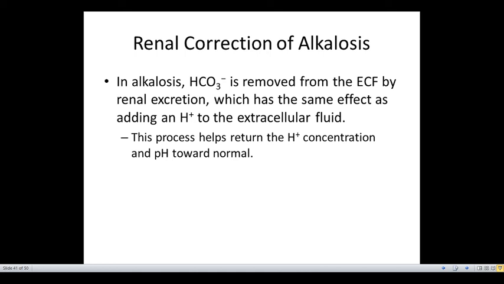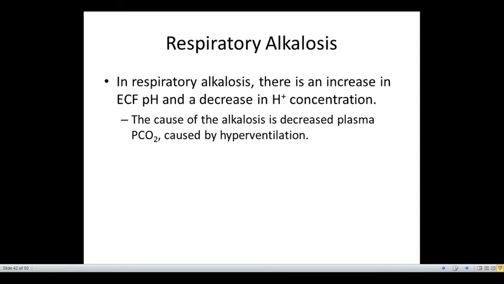Now let's study the subtypes of alkalosis. Respiratory alkalosis. In respiratory alkalosis, there is an increase in extracellular fluid pH and a decrease in hydrogen ion concentration. The cause of the alkalosis is decreased plasma partial pressure of carbon dioxide caused by hyperventilation.